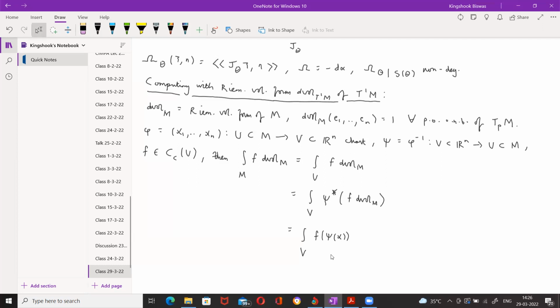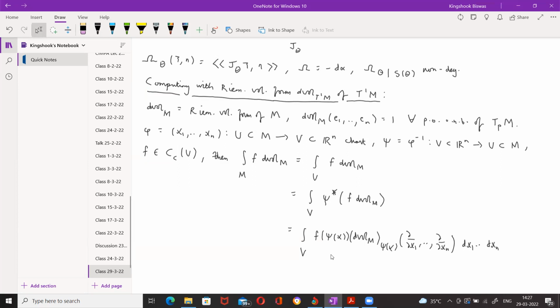So this will be basically dvol M at the point psi of x applied to del del x1 to del del xn, dx1 to dxn.